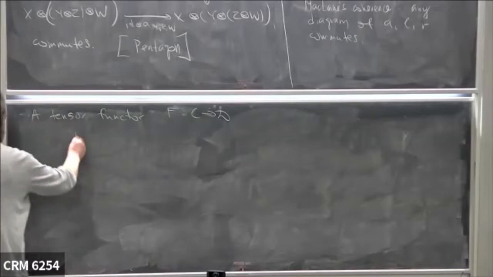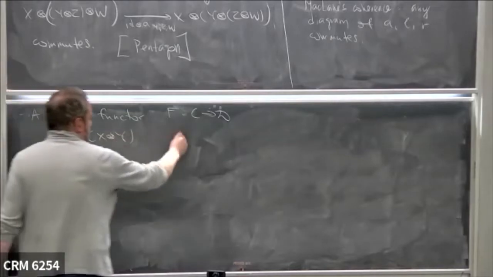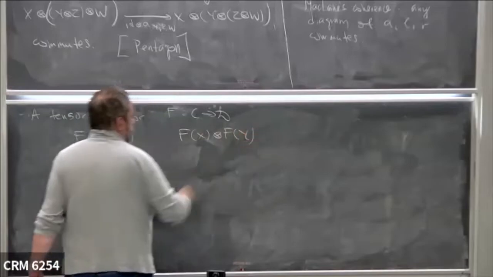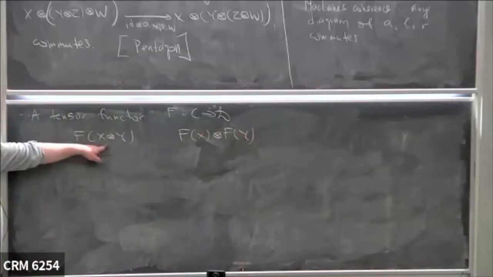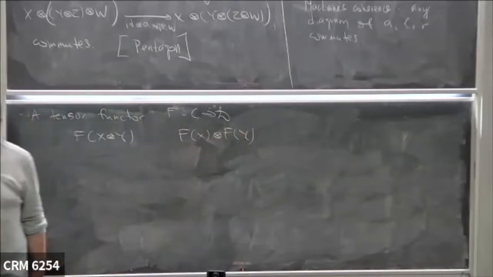Should it be a unit, X equals 1 in the middle as well, or does it follow? Yeah, it follows. So there is one that I omitted, with the right, and the one in the middle is a consequence of the other two. Yeah. Okay. So yes, a tensor functor should be a functor that's compatible with tensor product. So we should be able to compare this and this, where here is a product in C and here is a product in D, right?